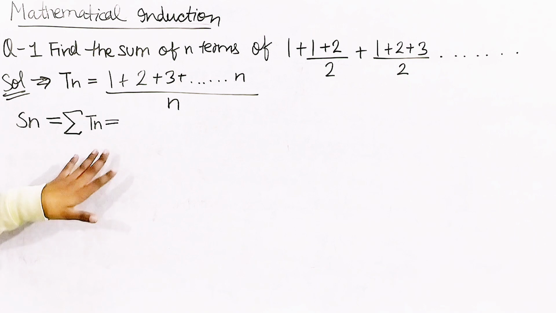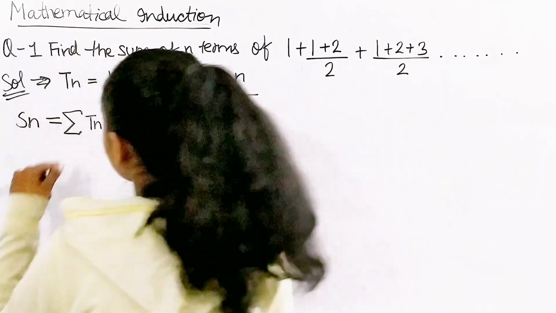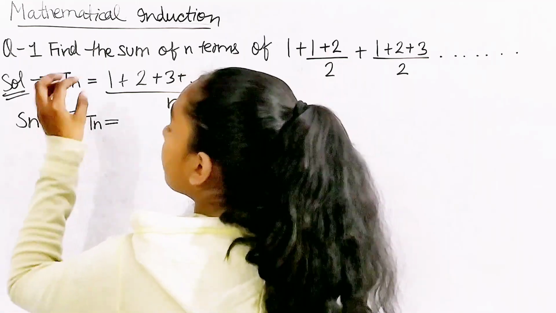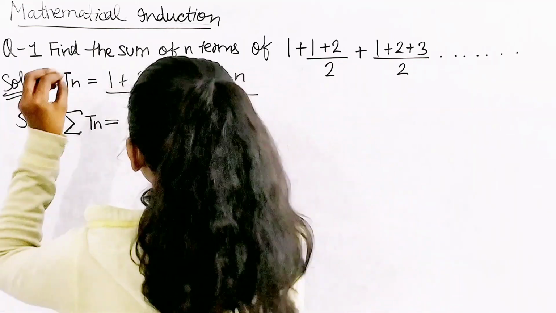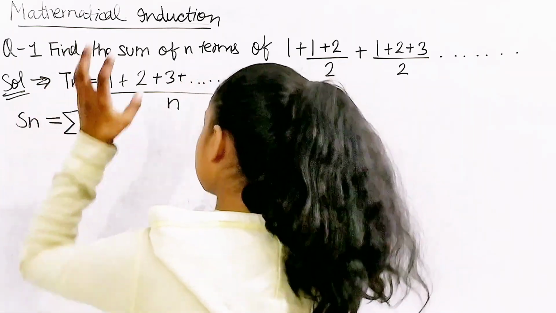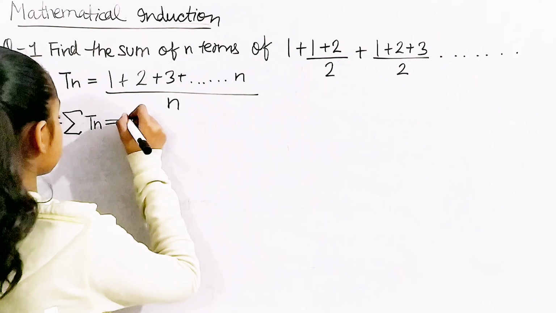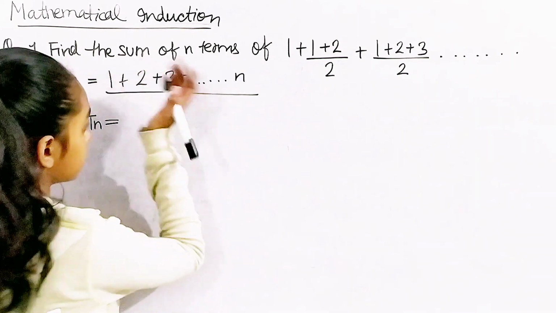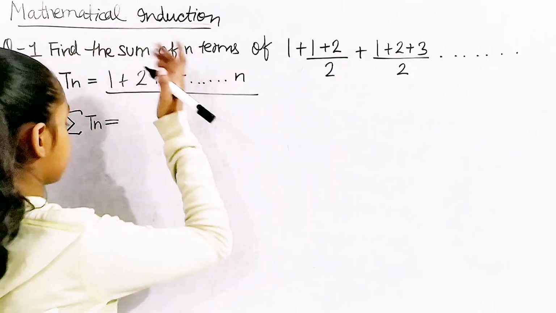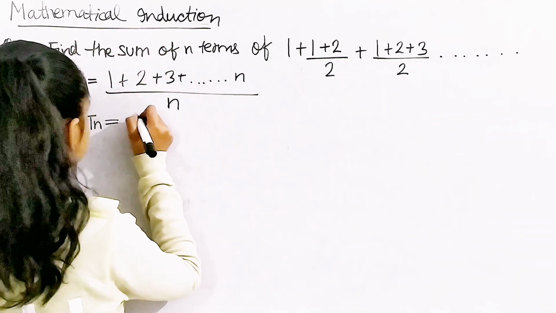For right now, I'm going to write it in the simple form, okay? So it's going to be sigma of Tn, which is actually the term n. In place of Tn I'm going to write the value, so it's equal to this thing. Okay, so let me draw this again.